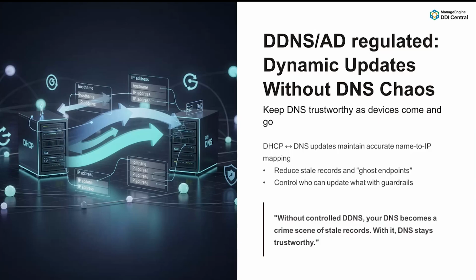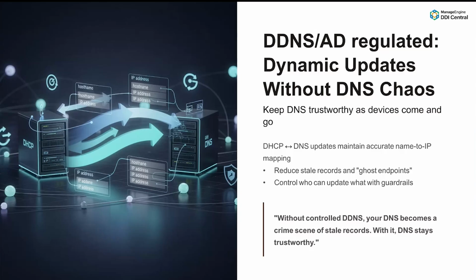So your network works like a well-oiled machine without any manual intervention. That's how DHCP and DNS updates maintain accurate name-to-IP mapping, reduce stale records and ghost endpoints, and control who can update what, with all the guardrails implemented.